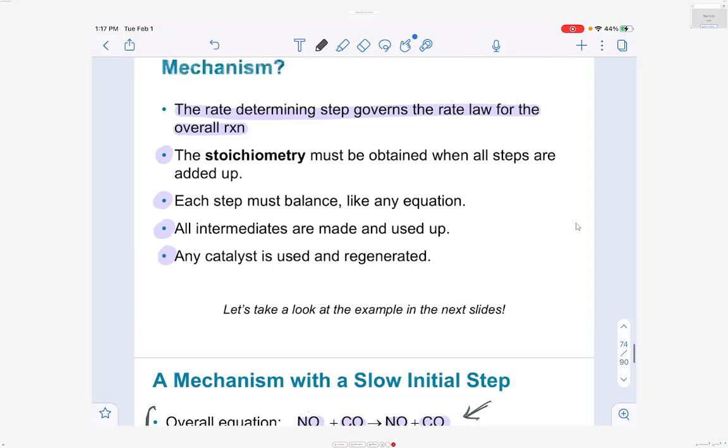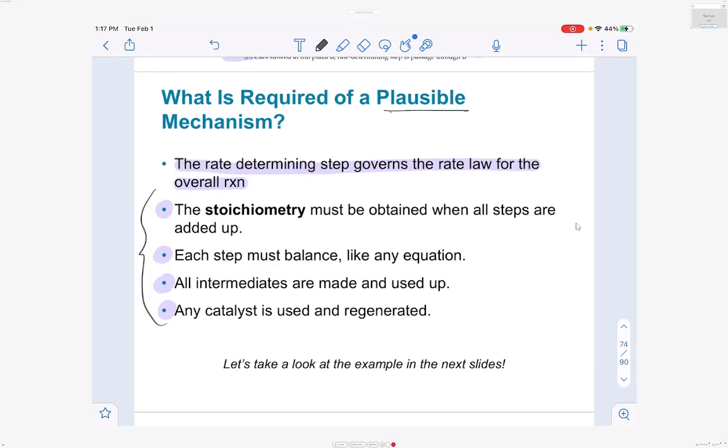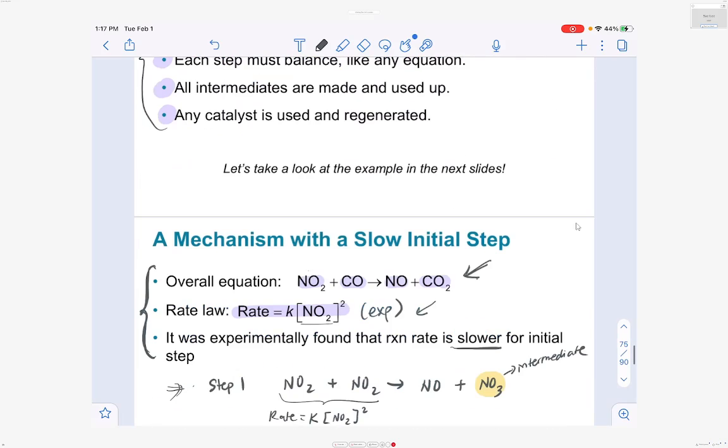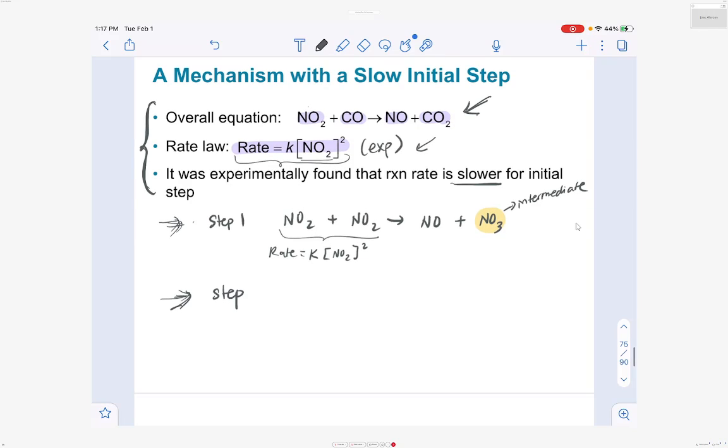Do you see that we learned about the criterion that a plausible mechanism requires? So they want you to propose a plausible mechanism for step one and step two, and see if that meets the overall reaction rate law they experimentally found or not. Okay. Thank you so much for the clarification. Yeah. Sorry if I was going too fast. It's okay.